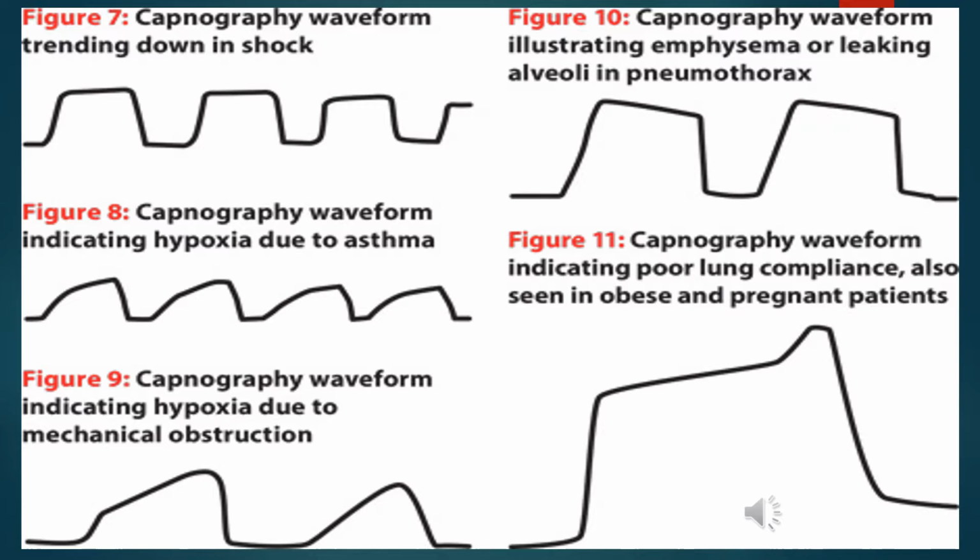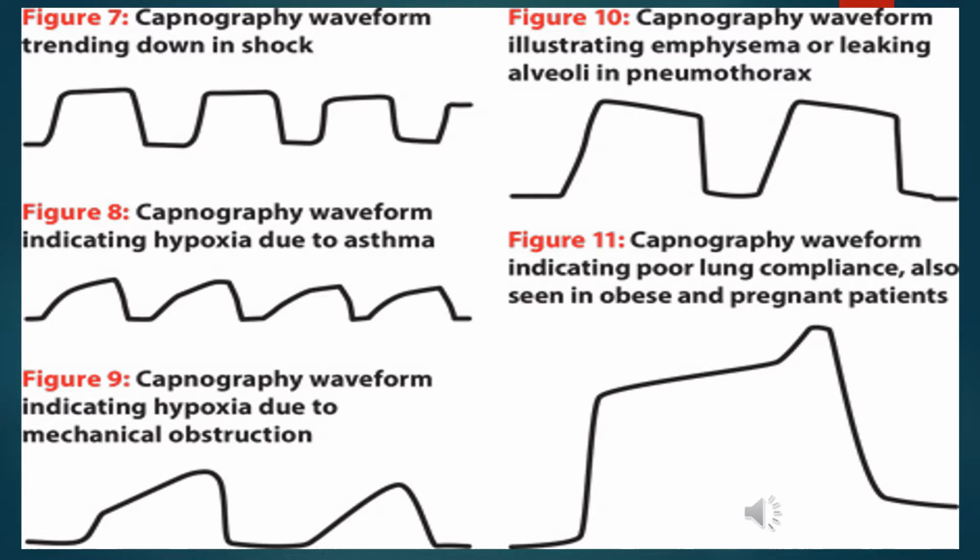These are some more waveforms of capnography. This gets a little bit more complex. Figure 7, you're looking at a capnography waveform that's trending downward, and that can indicate shock. So you see how tall the first wave is, and then it's getting shorter and shorter as time goes on.